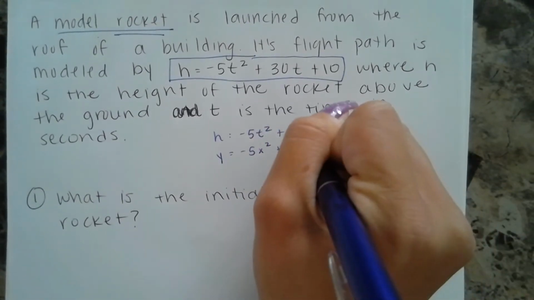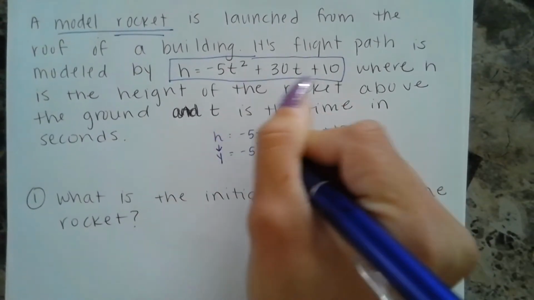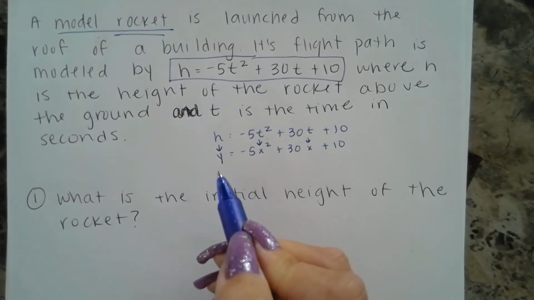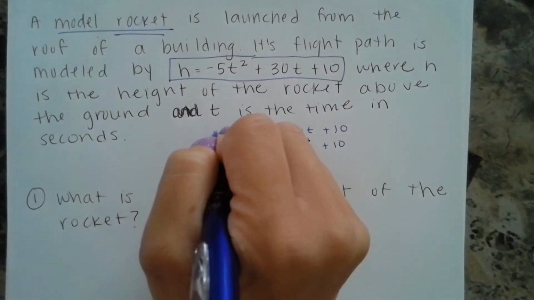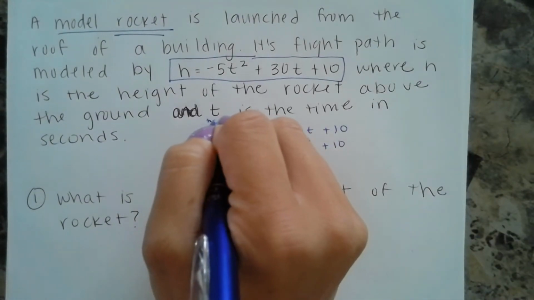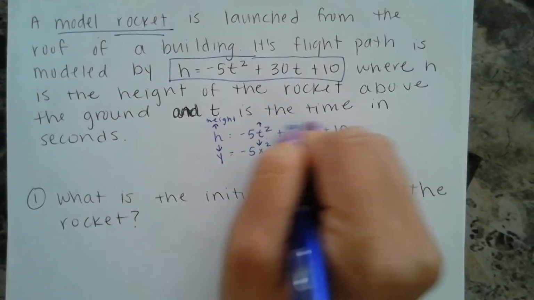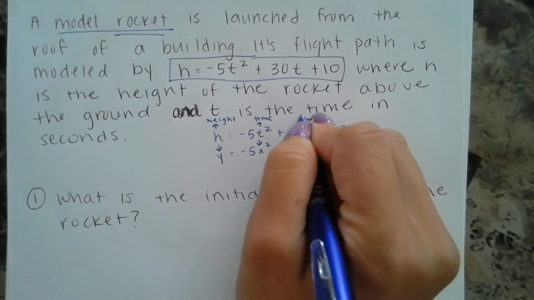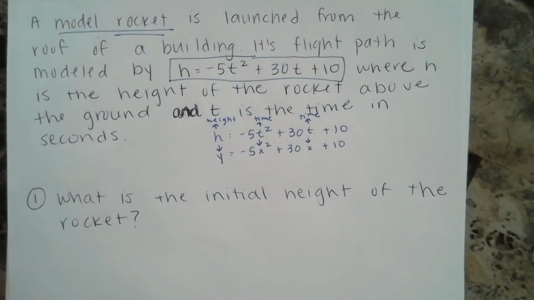Here, h is the height, and that's why they're using h instead of y, and t is time, and that's why they're using a t instead of an x. Just so you know in your head that that's essentially what these pieces mean.